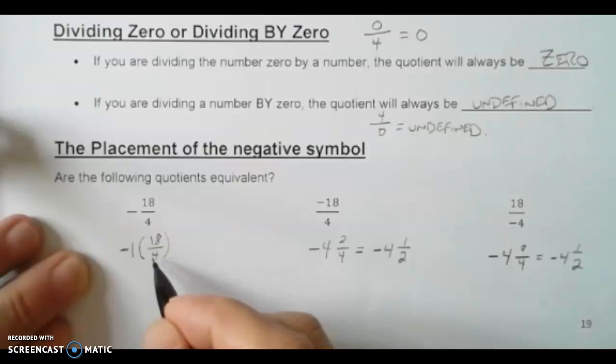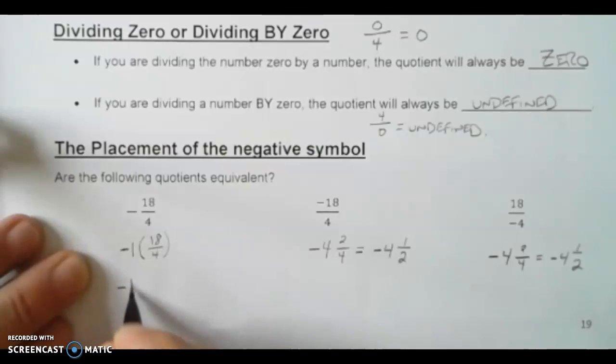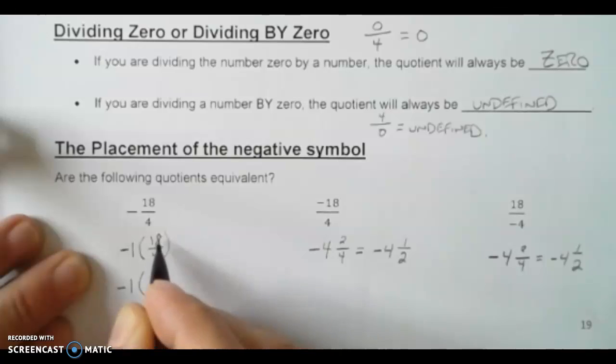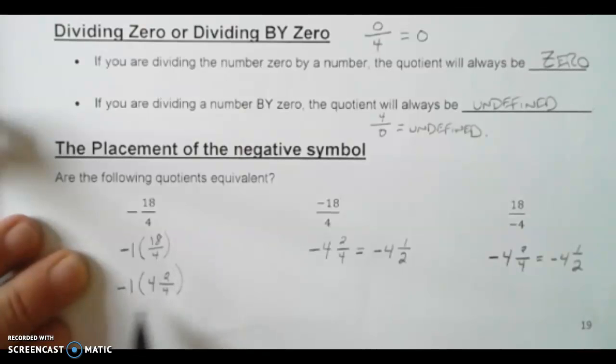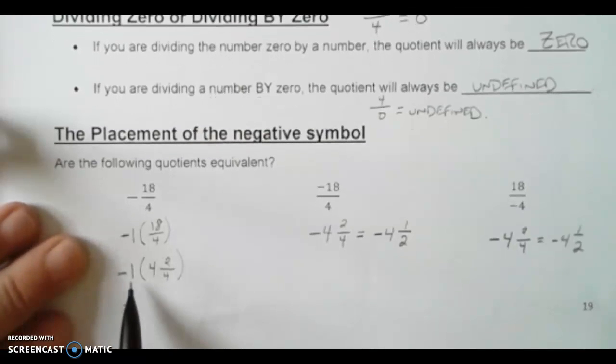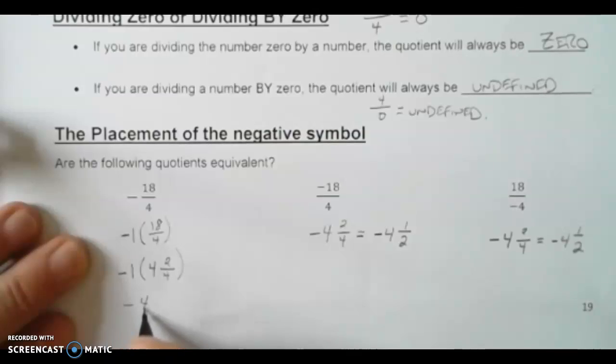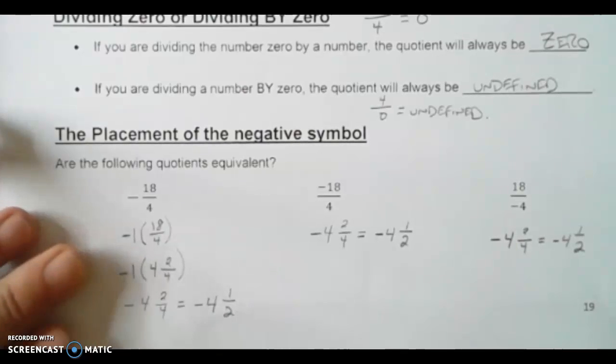And if we did this division, 18 divided by 4, well then this is just going to be negative 1 times 4 goes into 18 4 times with 2/4 left over. And now if we do this multiplication problem, a negative times a positive is a negative, and 1 times 4 and 2/4 would just be 4 and 2/4. So this comes out to be negative 4 and 2/4, which again is equal to negative 4 and 1/2.